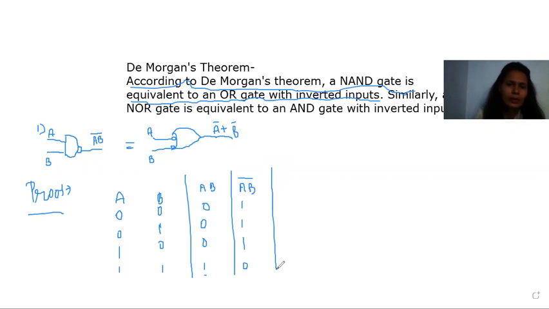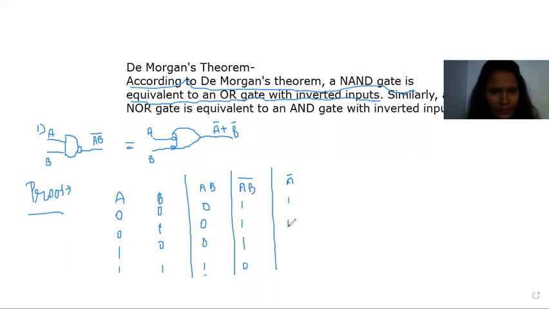Now we will find A bar plus B bar. So to find A bar plus B bar, we need A bar, B bar. So first of all, we will find the complement of A. Here 0, its complement will be 1.